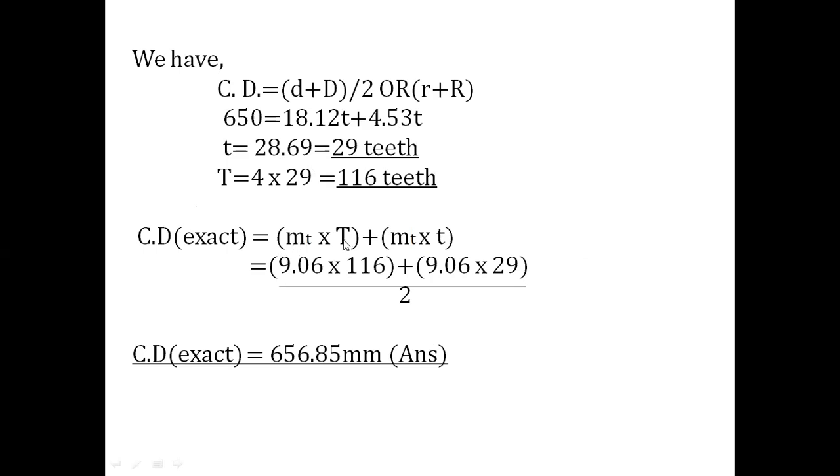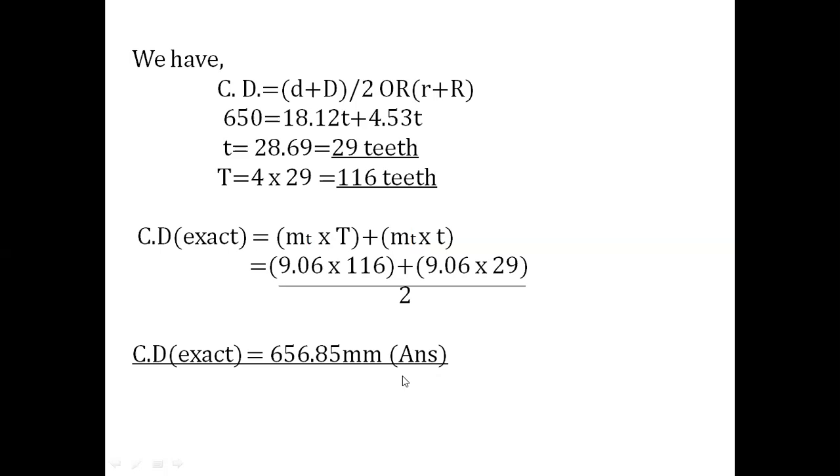So the center distance is 9.06 into capital T, 116, plus 9.06 into small t, where the value of small t we found is 29, all divided by 2. By solving this equation, we are getting the exact center distance as 656.85 mm, which is the solution of the second question.